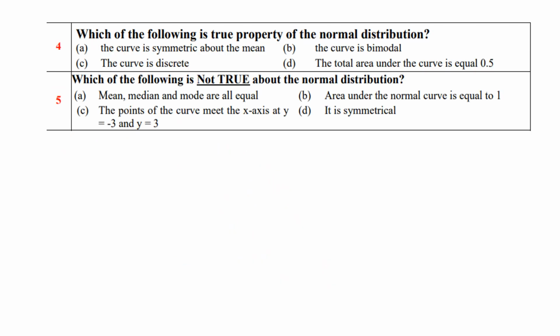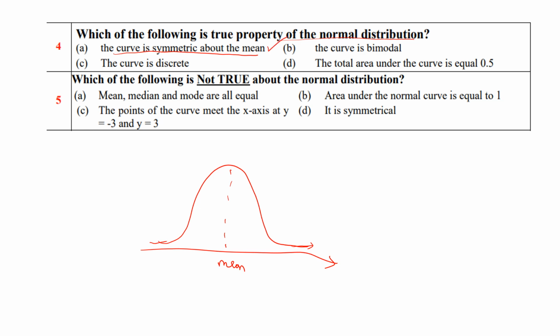Now, which of the following is a true property of the normal distribution? The curve is symmetric about the mean. If it's a normal distribution, we will have a curve like this one. Yes, the mean is the center here, and it's symmetric about the mean. The curve is discrete. This is not true. Discrete means the curve has this type of behavior, like the histogram.